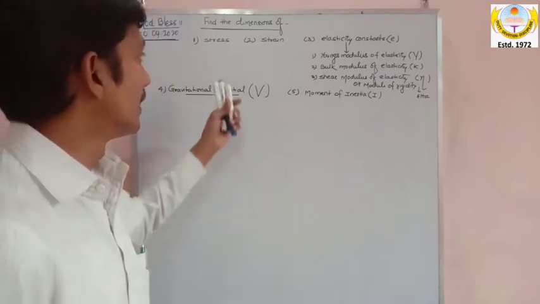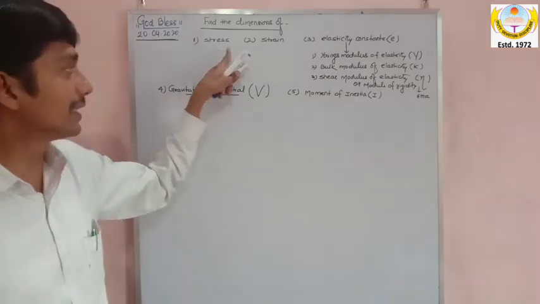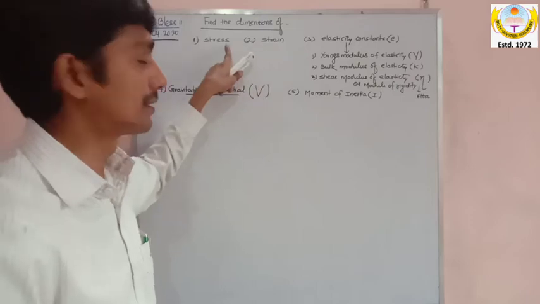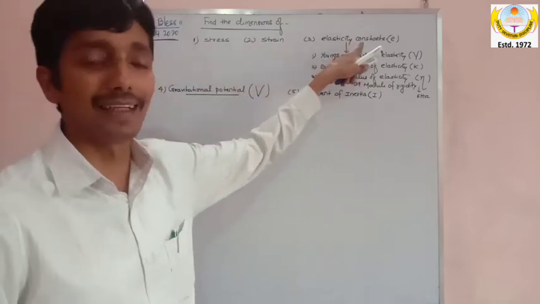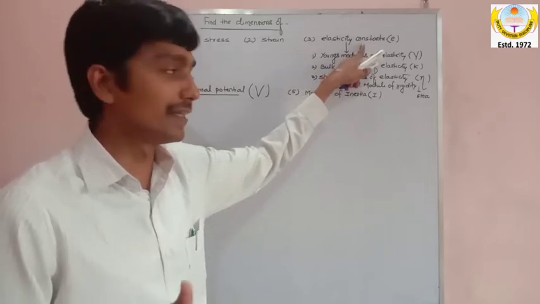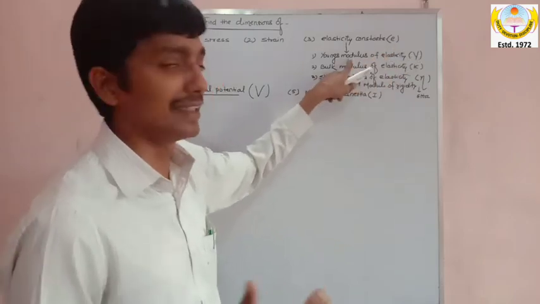So here the quantities are: the first quantity I have written is stress, the second is strain, and the third quantity is elasticity constant. My dear, elasticity constant is denoted by small e, but under that there are three quantities.